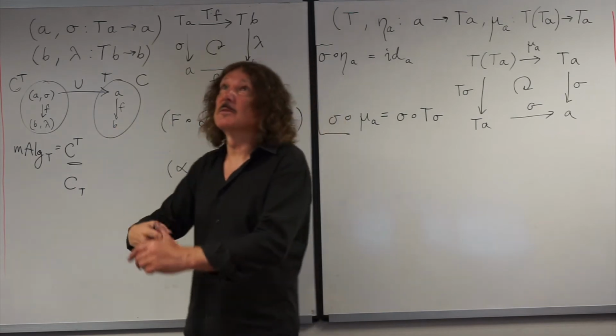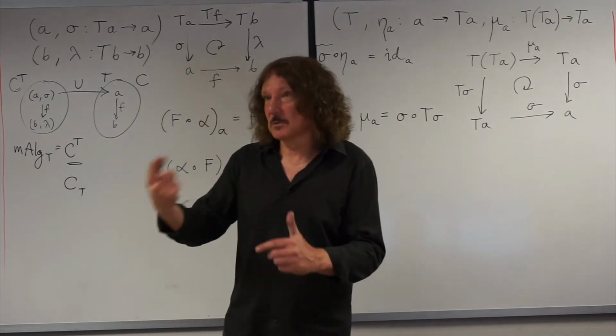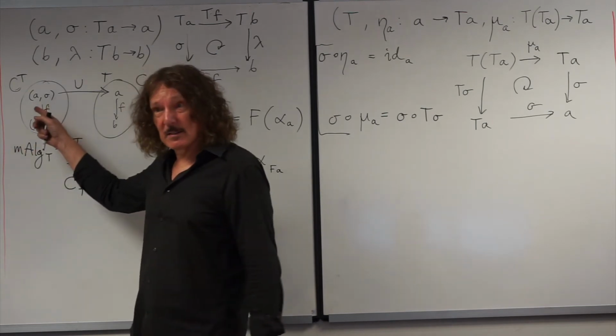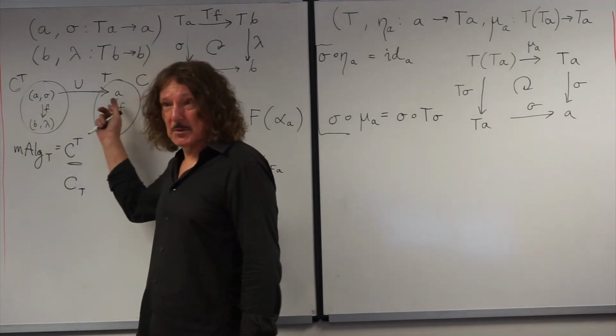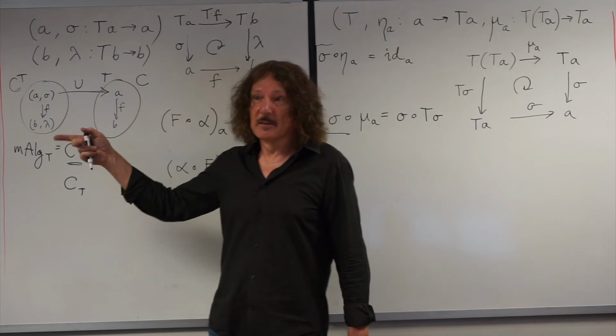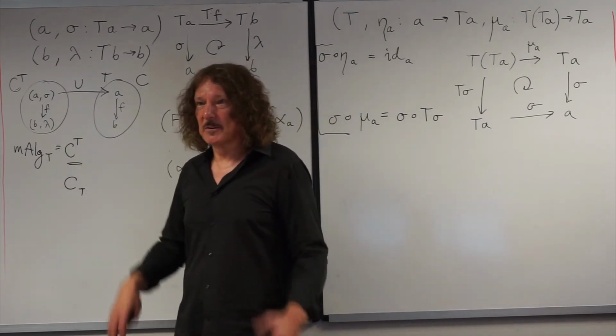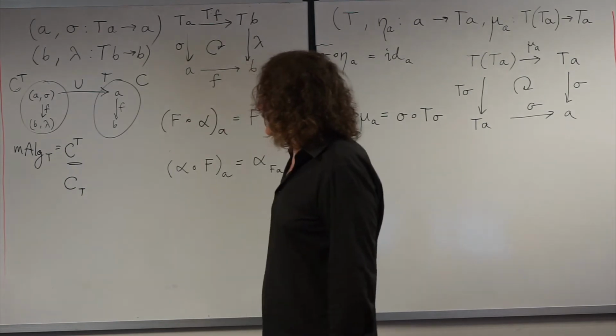And of course you should check also that when it acts on an identity morphism, it creates an identity morphism, but that follows automatically. These are simple things to check.